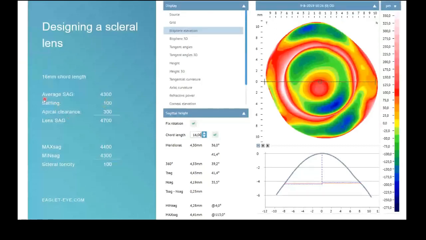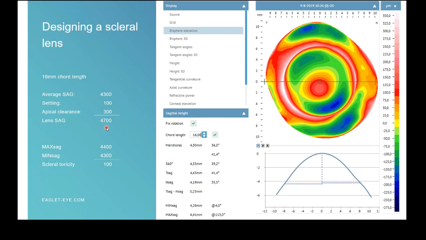I will look at the average sagittal height at 16 millimeters. In this example, it's 4,300 microns. I will add 100 microns of settling, as well as 300 microns of apical clearance, if I choose to have 300 microns of apical clearance. So that's up to what you prefer to do. In total, this makes 4,700, so that would be my lens to start with.